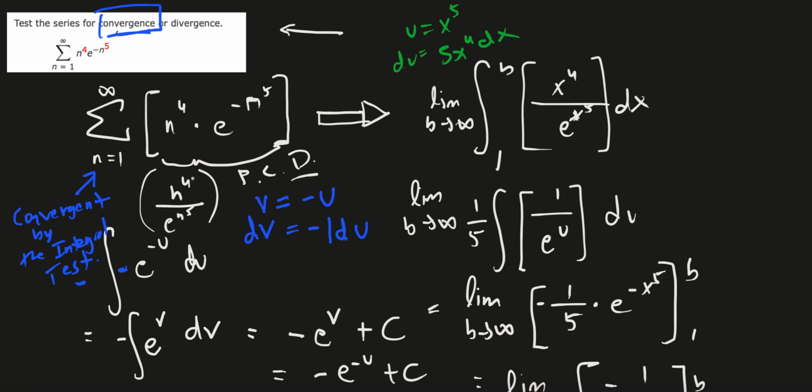It's decreasing. That's one way to think about it. This is getting larger and larger, faster than this. So as n goes from something to something else, this will get larger at a faster rate than this, and it'll be decreasing.